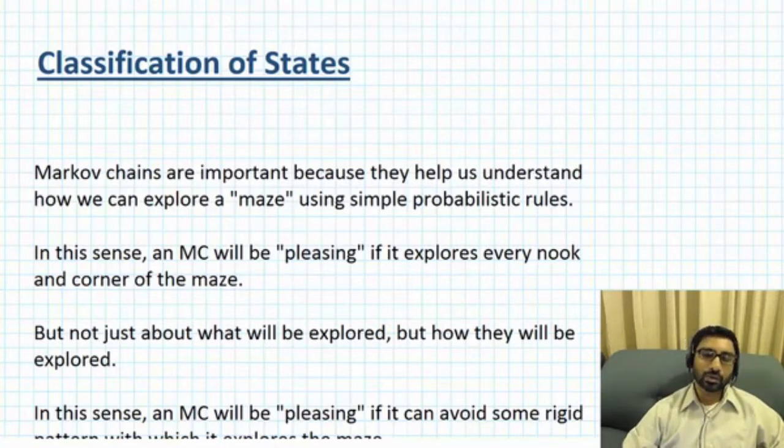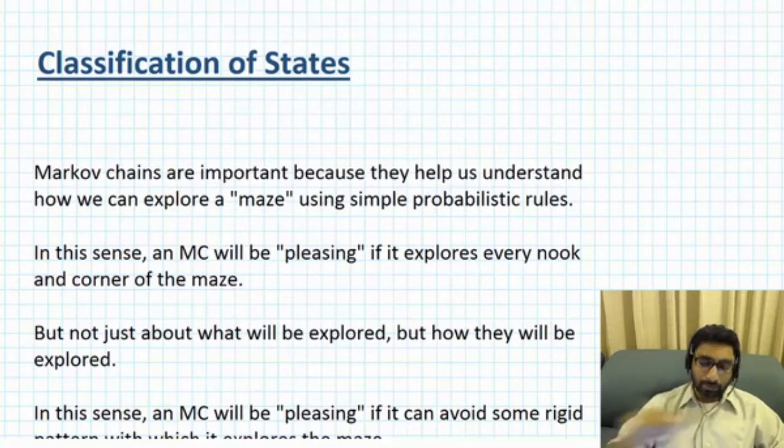And in this sense, a Markov chain is pleasing if it gives you a way to explore the entire maze. The word for it usually is the entire state space, and it's a very natural way to explore it, and it turns out to be very, very useful. But it's not just about exploring, because if it's just exploring, the classic depth-first search and breadth-first search do a perfectly fine job as well if you think of the maze as a graph.